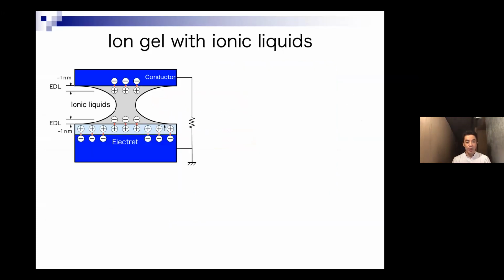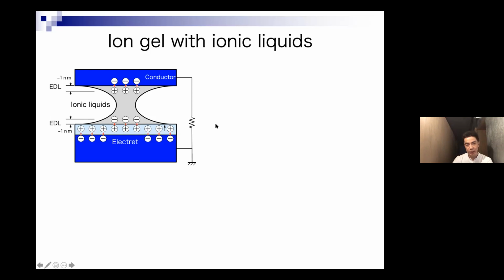Also, another problem with using ionic liquid is this. In the beginning, we tried to put the ionic liquid on top of the silicon electrode here. But due to the electrostatic force, the ions immediately attached to the surface of the electrode, so we cannot change the surface area efficiently.